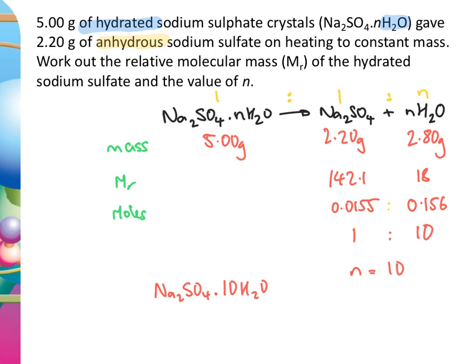Well, there was a quick way of doing it. We knew that the MR of sodium sulphate was 142.1. We know that the MR of water is 18.0. And there are 10 waters, so that's 180. So we just add 142.1 and 180 together, and that gives us an MR of 322.1.